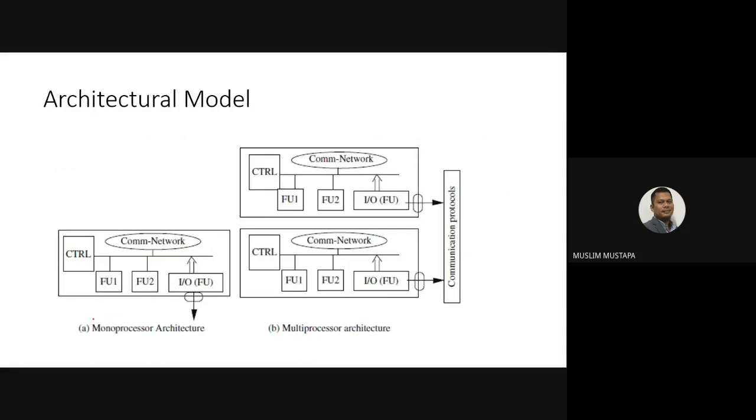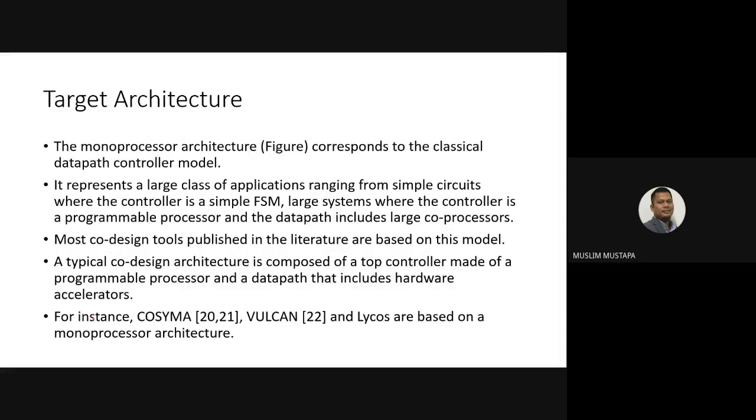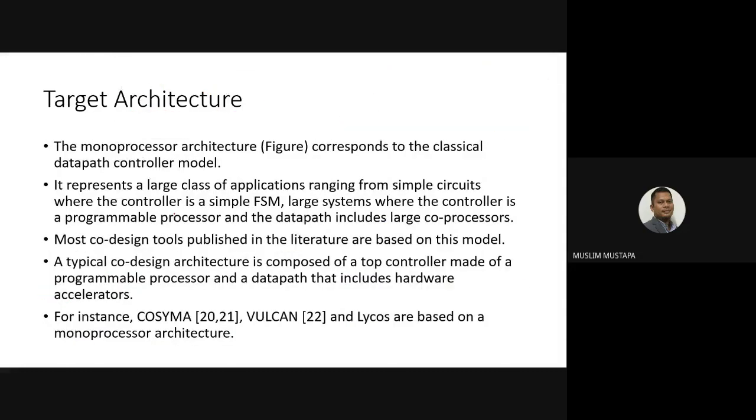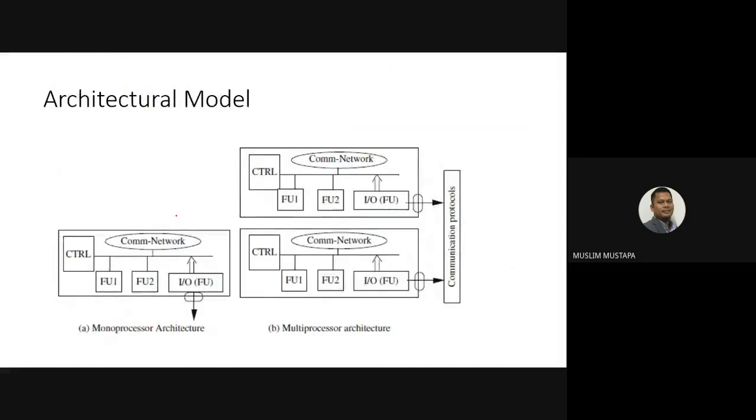Okay, this is the architectural model example, a target architecture designed to cater to this heterogeneous modeling. I think this is not that important, it's just FYI, to see how they design things.